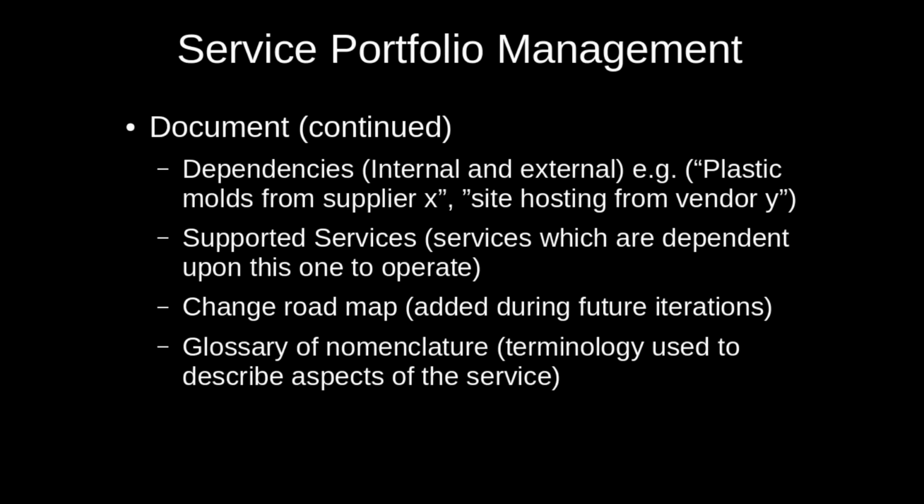Generally, when you create a service, you may have to invent or overload some words, which is the terminology that you use to describe the service. It's important to record these meanings and the overloaded uses of words, so that when we have discussions relating to this service, we can make sure that everybody has the same understanding as to what we're talking about.